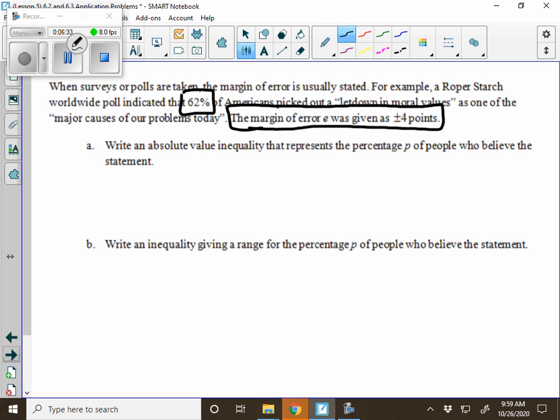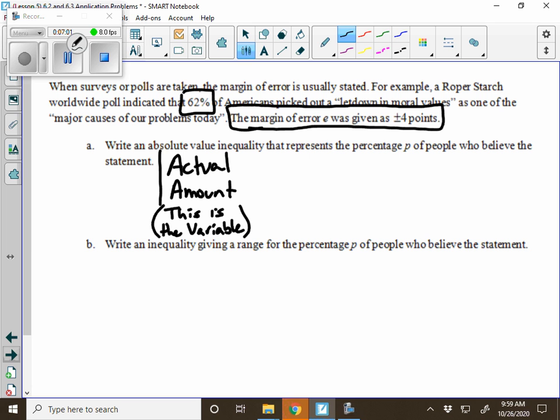Now, before we actually write this out, I do want to write this down. This is how any kind of tolerance, within, absolute value problem works. We'll have an actual measurement. So our actual amount, and I put this as the variable.